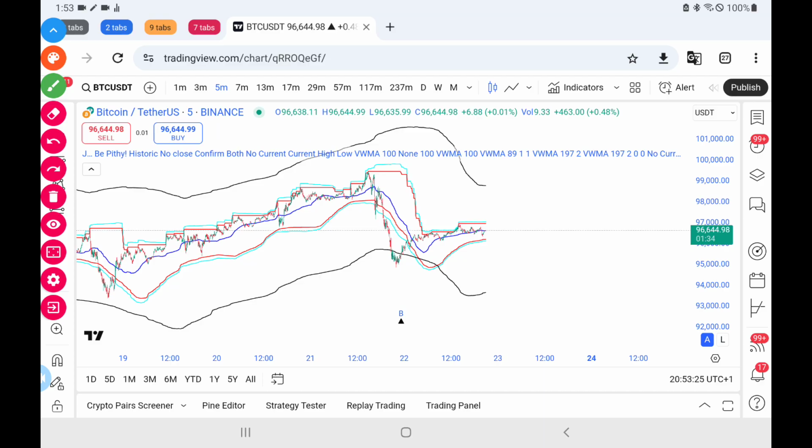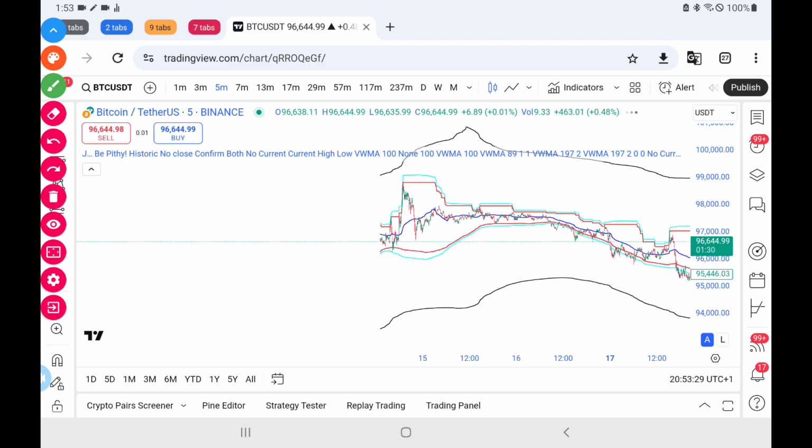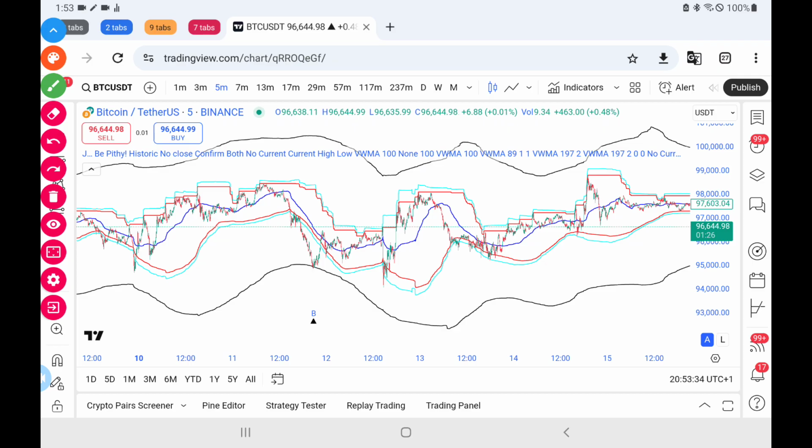Let's go back historically and see what other combinations we can find. We have another volatile purchase point where the volatility broke the outer channel. Let's keep going.